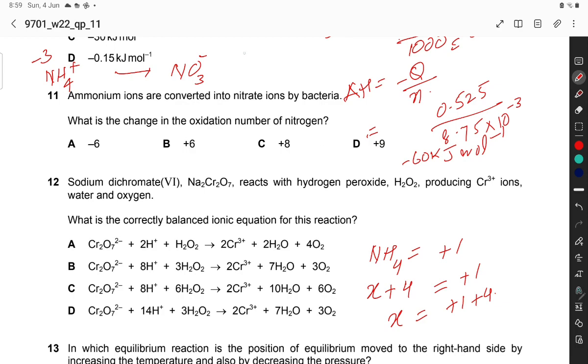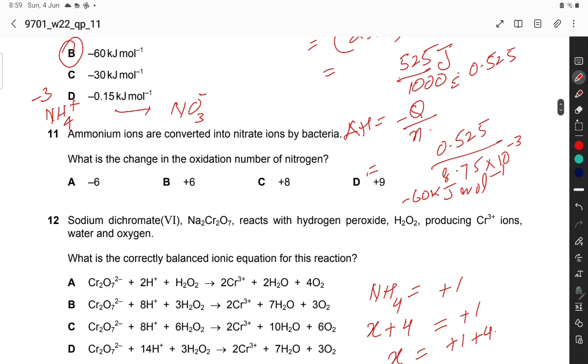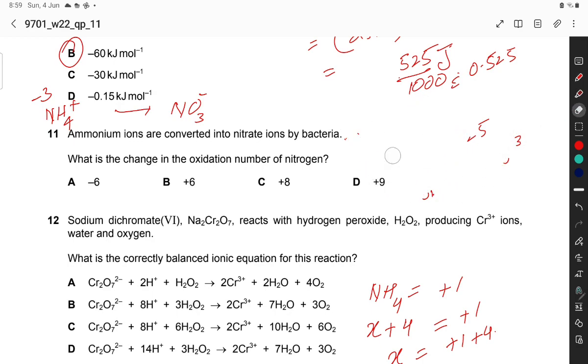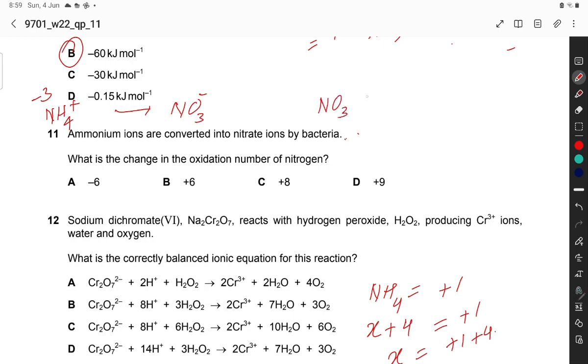And nitrate is NO3, overall, sorry, not 0, minus 1.